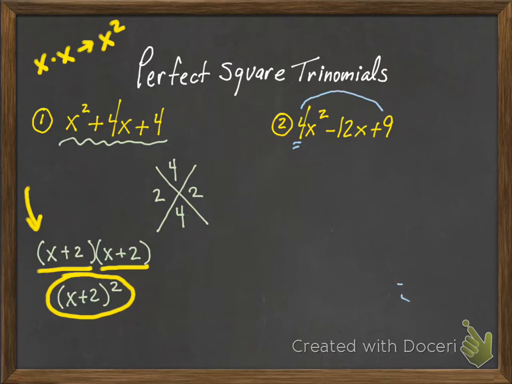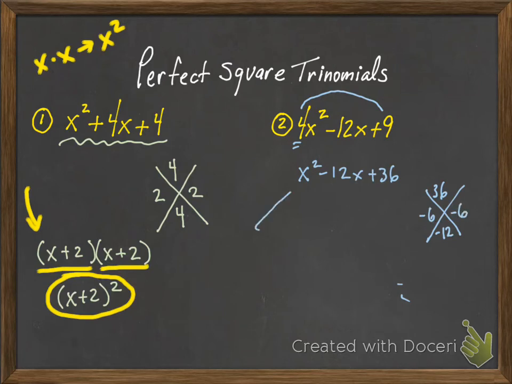I'm going to multiply 4 times 9, and that gives me x squared minus 12x plus 36. Now I ask myself: what two numbers multiply to 36 and add to negative 12? Those numbers are negative 6 and negative 6.